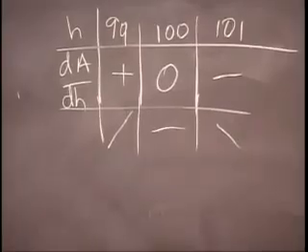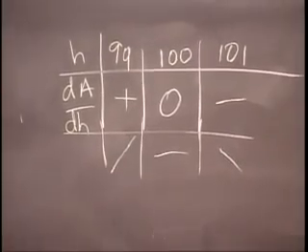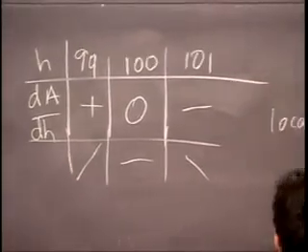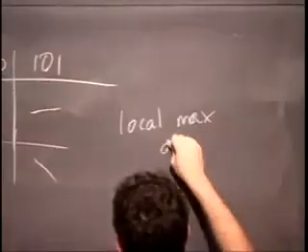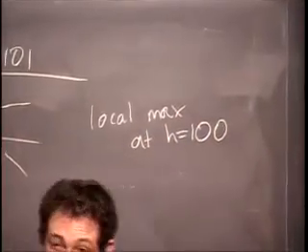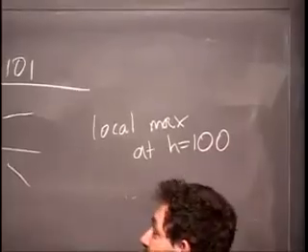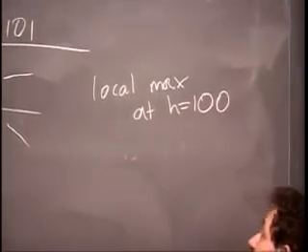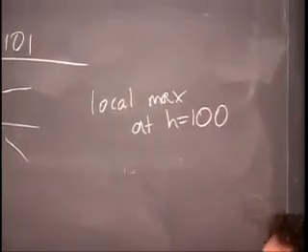So we clearly have a local maximum at h equals 100. But there's no other maxima, there's no other minima. Well, there's no other critical points. There might be minima. There's certainly no other maxima.